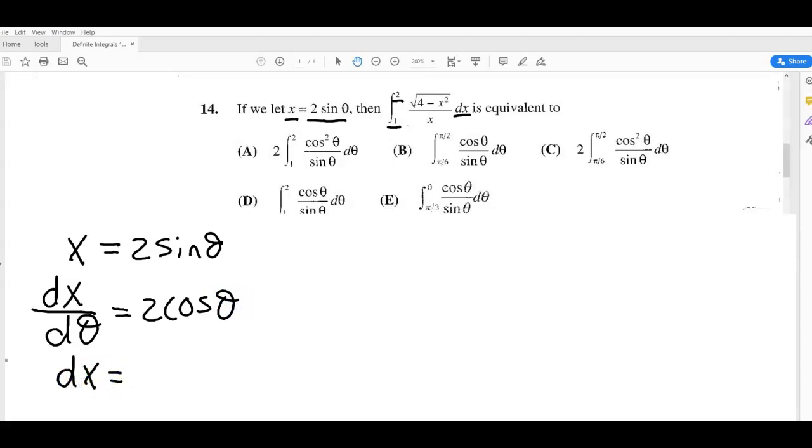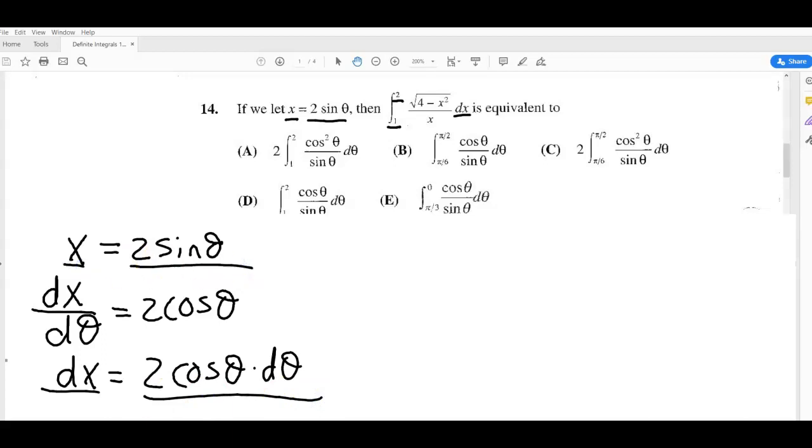I want to get dx by itself. Why do I want to get dx by itself? Because I want to replace dx with something different, right? So I'm going to replace all the x's with 2 sine theta, and I'm going to replace dx with 2 cosine theta d theta.